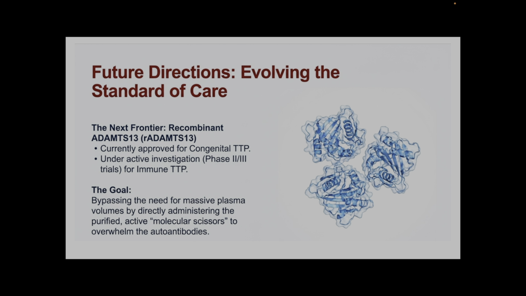This is already relevant in congenital TTP and clinical development is progressing toward immune TTP as well. The broader concept is precision replacement therapy, identifying the missing molecular component and replacing it directly. So this represents an important potential evolution in the management of TTP.